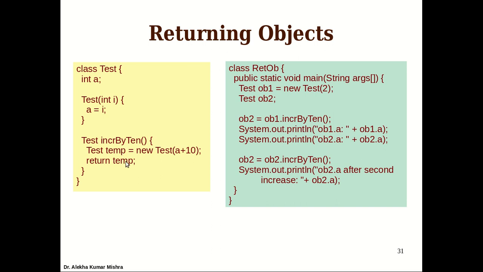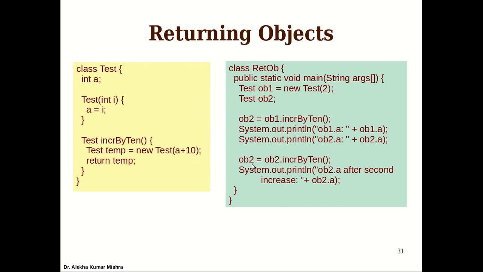Then the temp object is returned, so OB2 equals temp. OB2 is a reference to the temp object. OB2 has not created any memory; we did not use any new here. So if you print OB1, the value is 2, but when you print OB2, it is going to print 12 because it is incremented by 10.